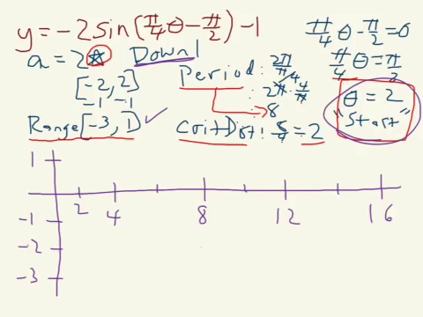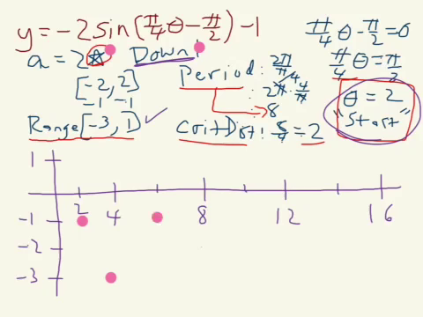So at 2, we're going to start down 1 at our equilibrium position, which is negative 1. We have a star. That means we have to go in the opposite direction, so we're going to move downward first to our minimum, which we said is negative 3. Once you get those first 2 points, it just flows really nicely.